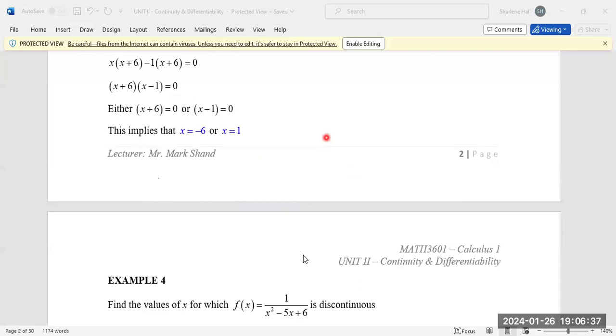Finished, sir. What's the answer, Shamari? When x equals 2 or 3.